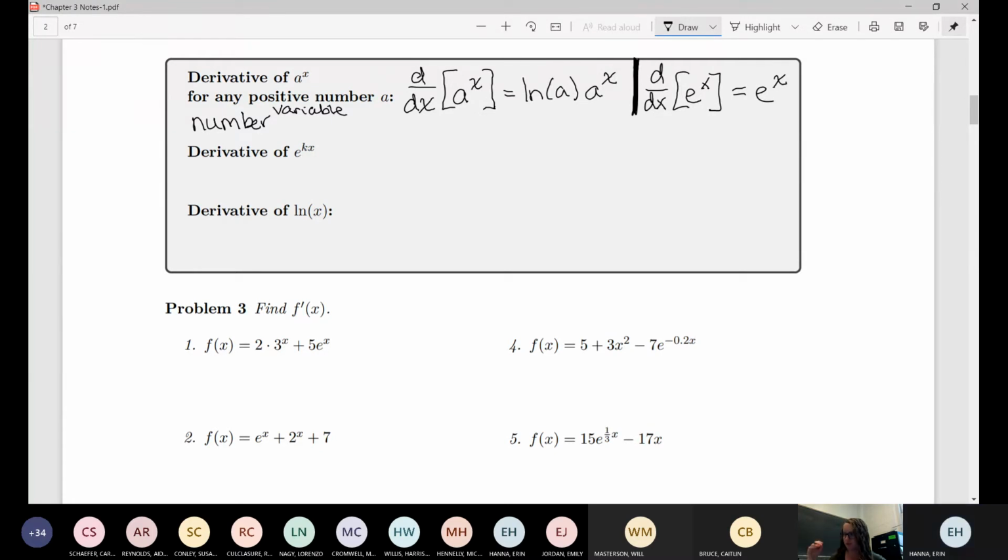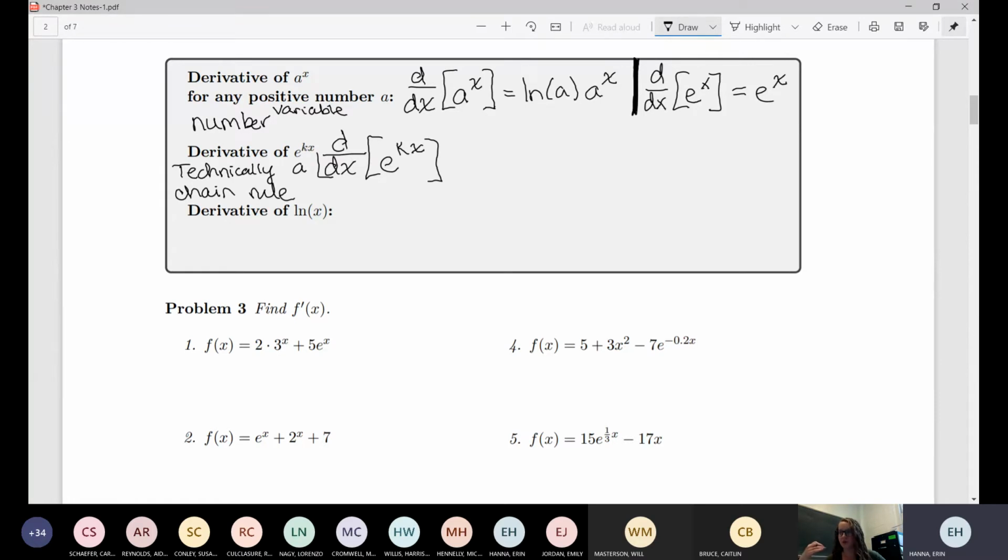But anyway, if we want to take the derivative of some e to the kx for some constant k, now this is technically what's called a chain rule. We haven't talked about chain rule yet, so some of you might not know what that is.